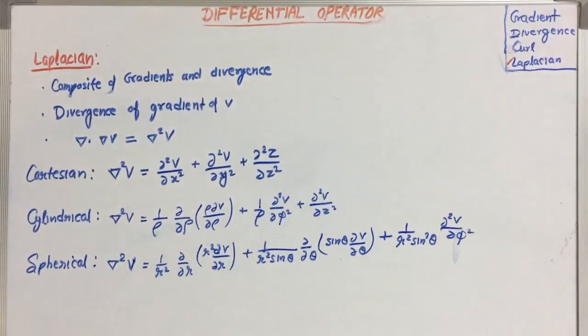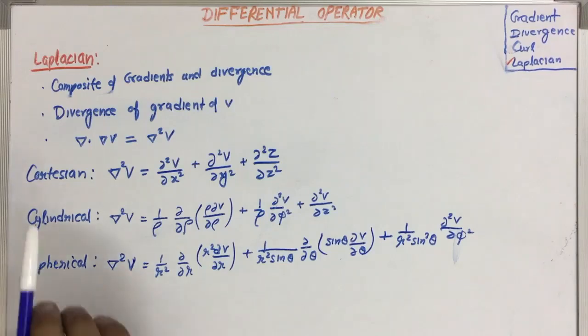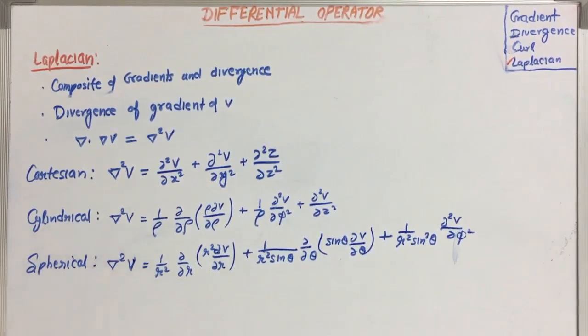So this is the full formula in Cartesian, cylindrical and spherical coordinates for the Laplacian of any scalar field.